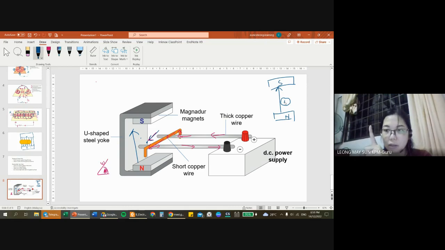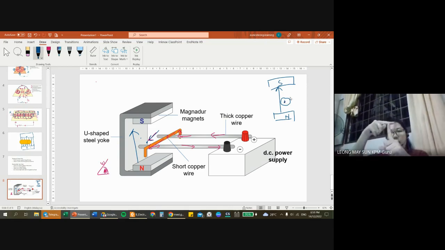So I draw a dot here. With the Fleming left hand rule, my pointing finger points upwards. Then you take out the middle finger and let the middle finger point towards you. Pointing towards you would be like this. And then you take out your thumb.